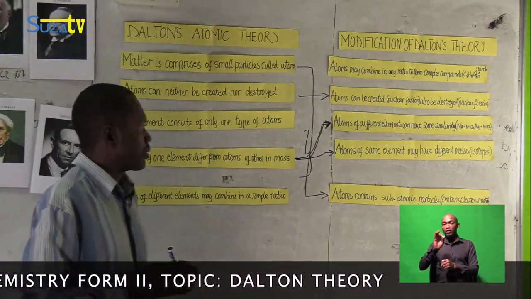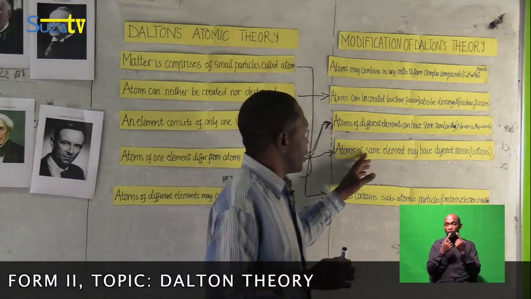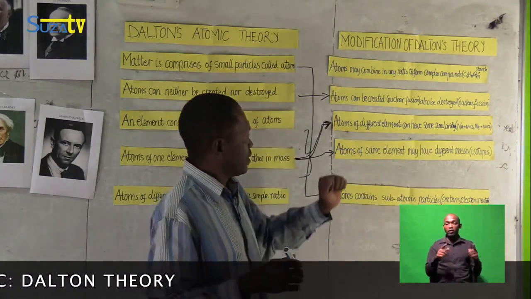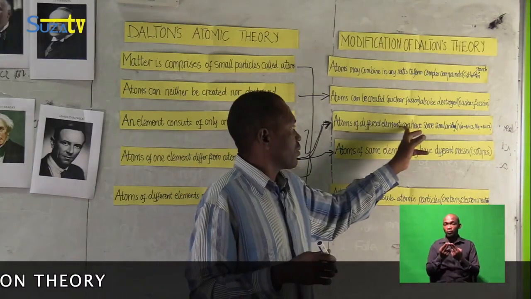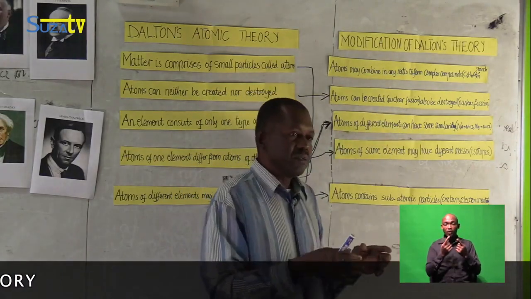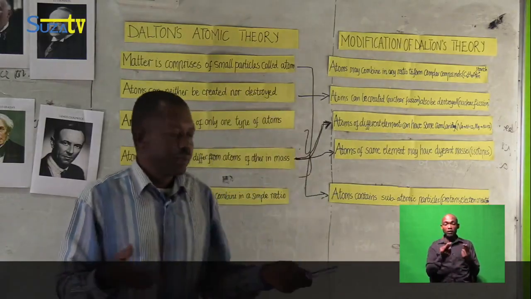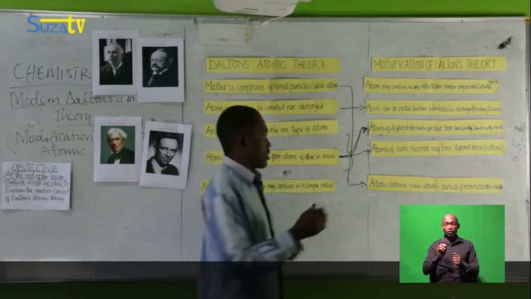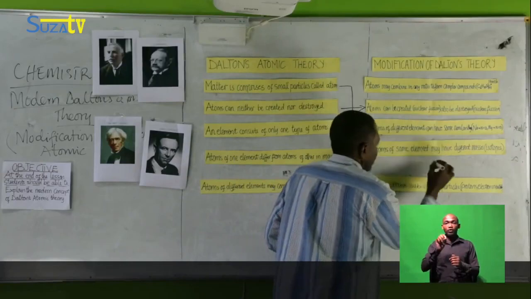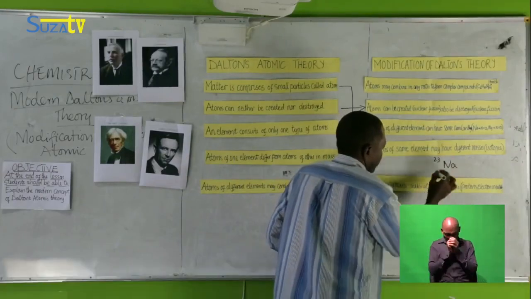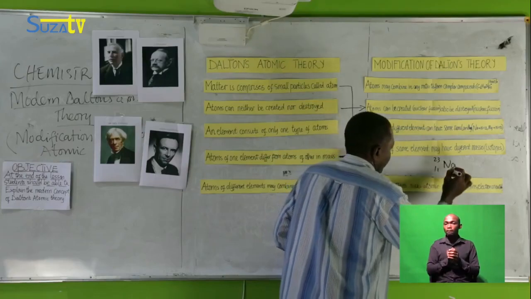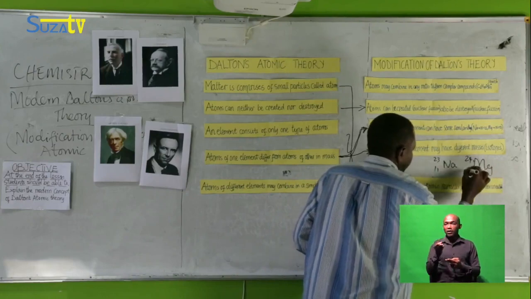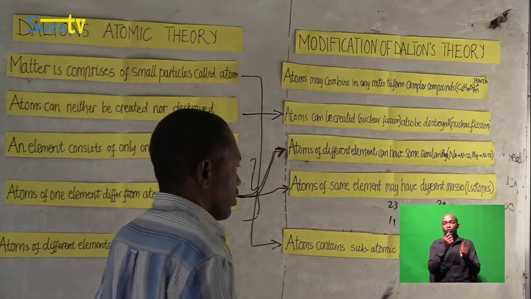One is talking about the same element, an individual element, but atoms from the same element having different masses. And also this talks about different elements having the same property, for example, the number of neutrons in sodium, which has 23 mass with 11 electrons, and magnesium, which has 24 in mass and 12 atomic number.